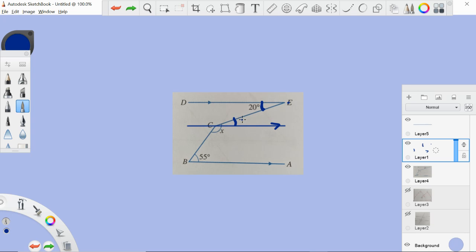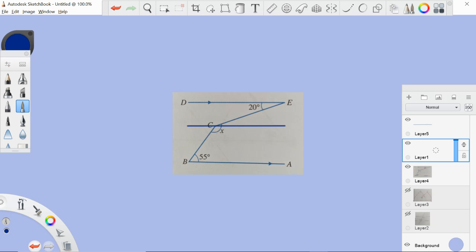Well, this angle here, let's call it x sub 1. Okay, so this is my parallel lines, my transversal right there. I'm not redoing the whole thing.